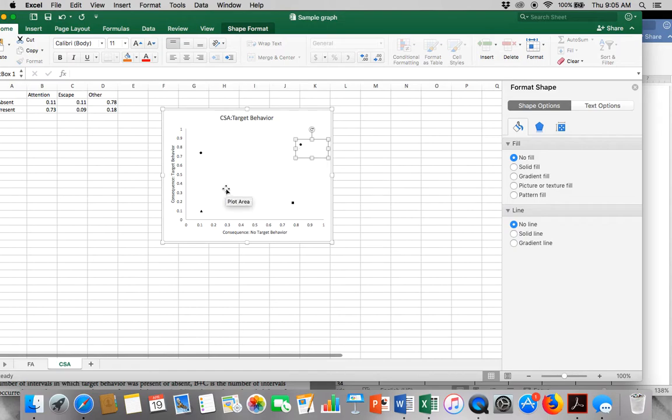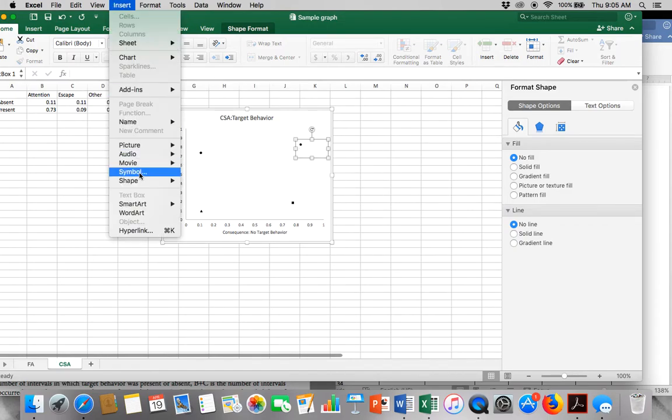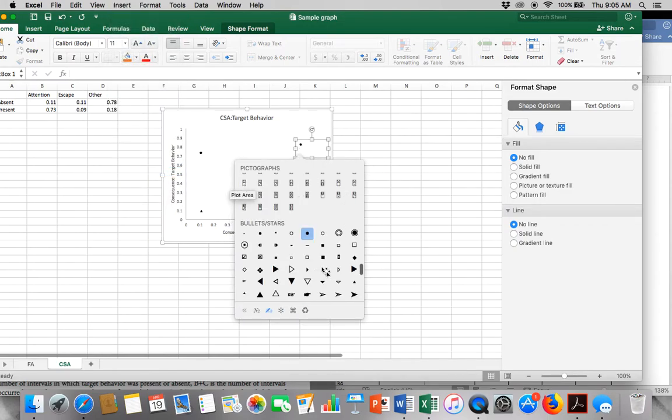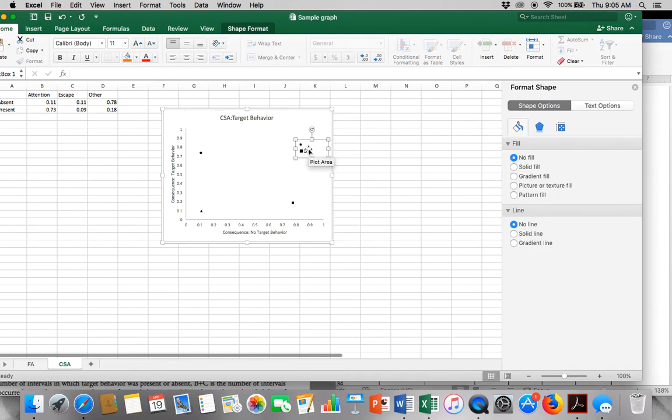Okay, and now we'll insert another symbol. I'll insert our square.